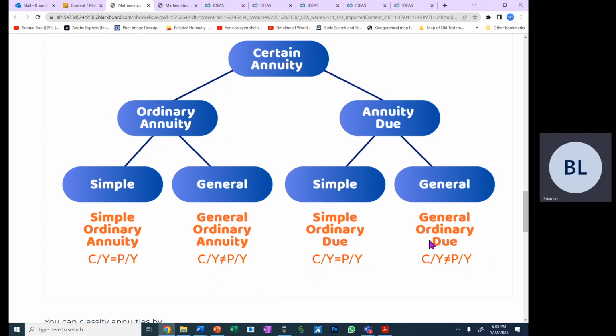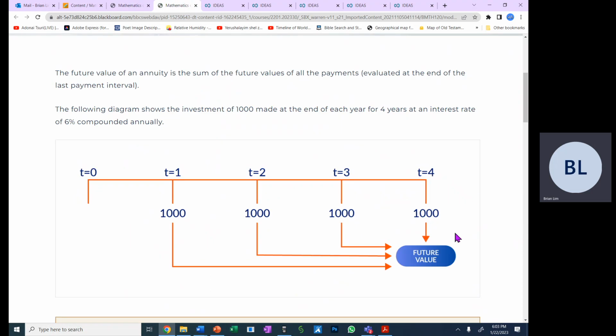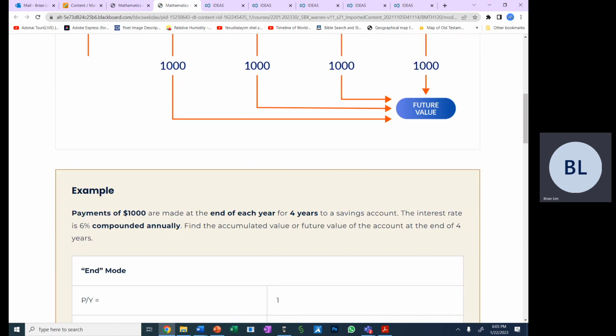It's general when they are not the same. So this one is when payments are at the beginning of the payment period, and these ones are at the end. All right, that is maybe nice to know, but you would like to know things like the future value, present value, etc.